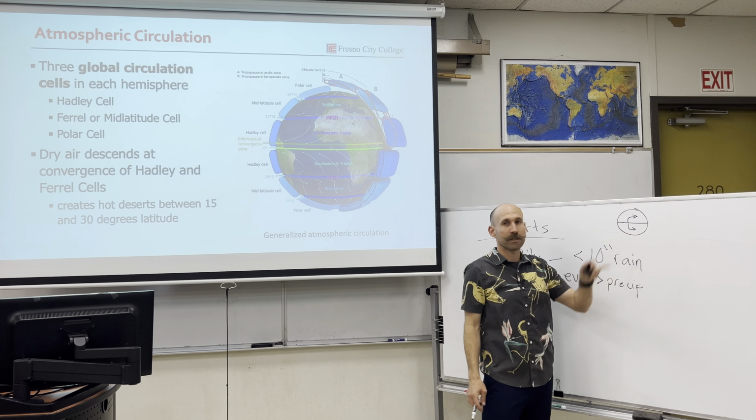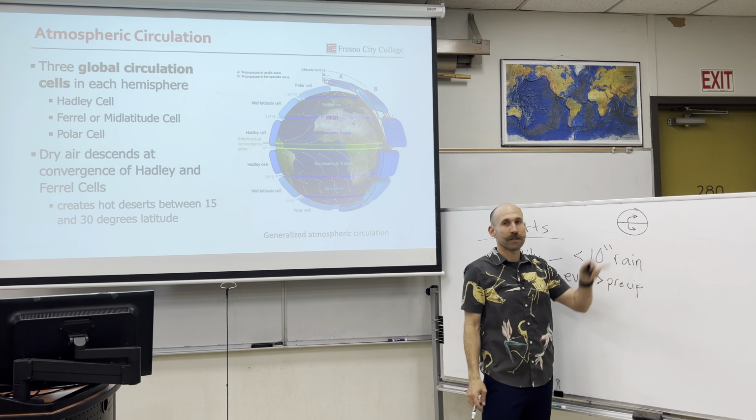As the Earth turns, instead of that hot air rising and traveling all the way down to the pole, it breaks up into 3 convection cells. From 0 to 30 are the Hadley cells, from 30 to 60 are the mid-latitude or Ferrel cells, and from 60 to 90 are the polar cells.